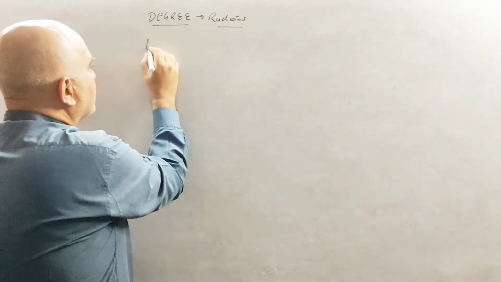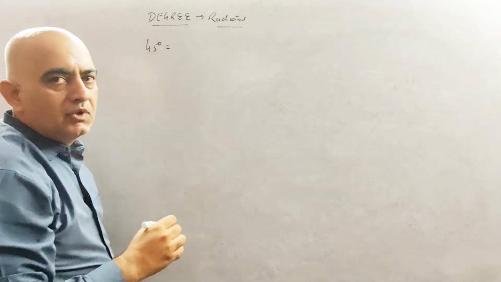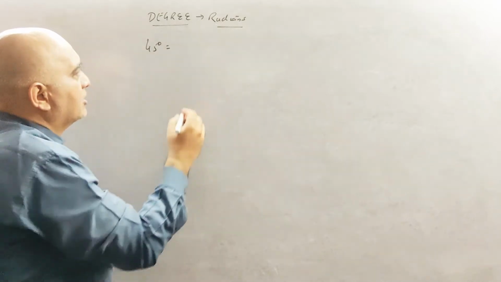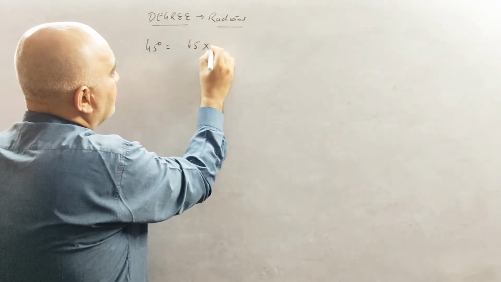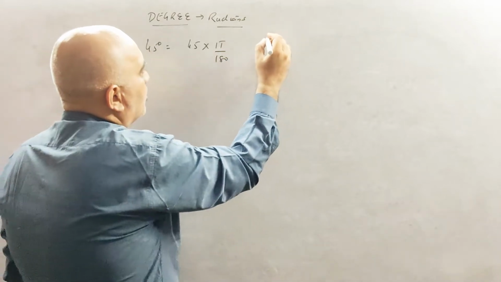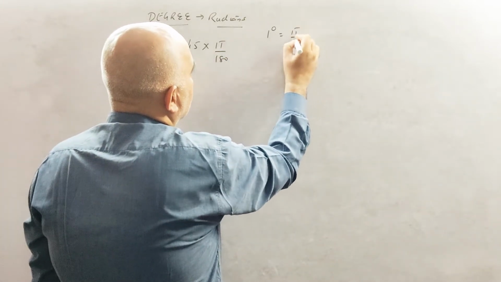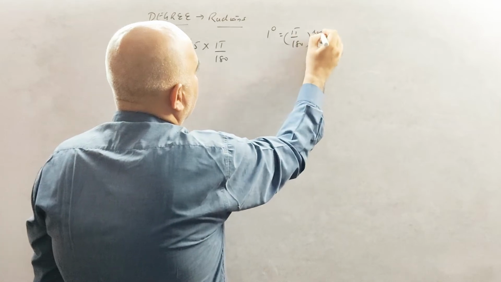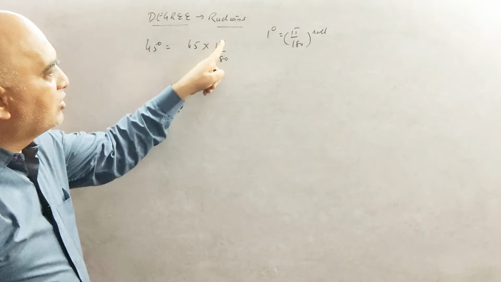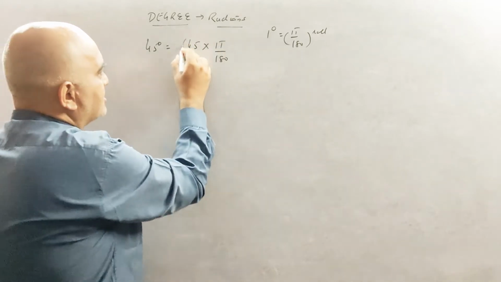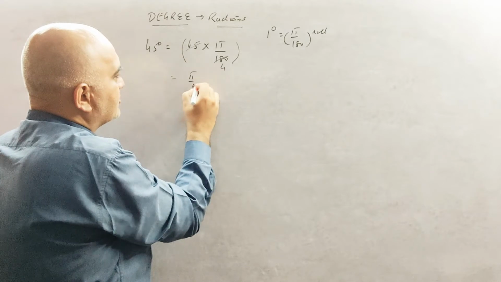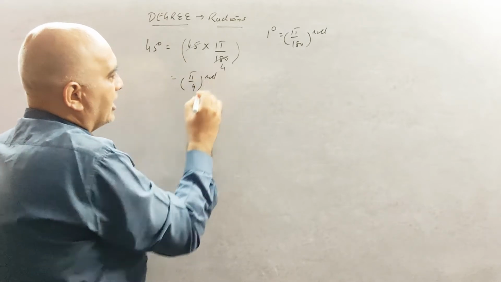Suppose we are taking 45 degrees and we want to convert it into radians. So how can we convert it? 45 into pi upon 180, because we know 1 degree is equal to pi upon 180 radian. So we take 45 degrees as 45 into pi upon 180 radians. We can cut these values and we get 4 pi upon 4 radians.